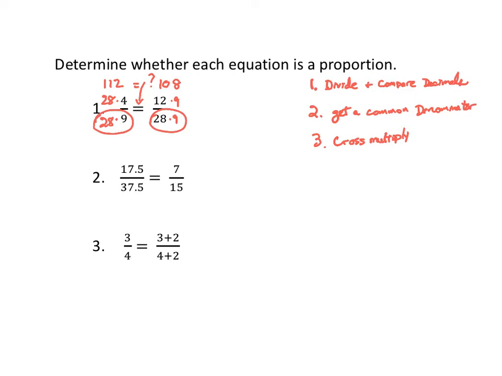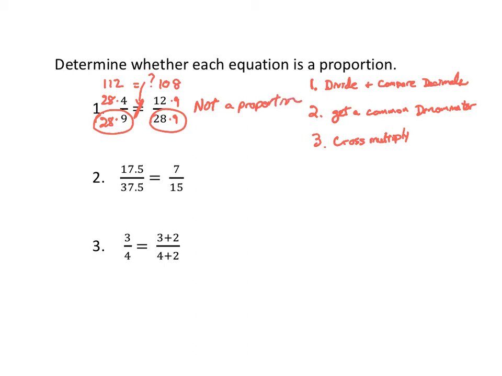Hey, one nice thing about getting a common denominator and cross multiplying, which you can also do by dividing, is you can tell which is larger. So not only are these not equal to each other, I'm going to make that a not equal sign. I should say not a proportion. But now I can tell which one's bigger.